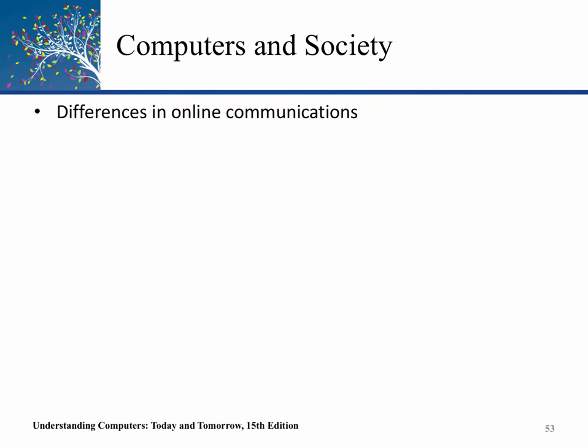Lastly, let's talk a little bit about the differences in online communications versus traditional communications. You may have noticed that it's less formal talking via text or in an email versus being in front of somebody face-to-face or even on the telephone. You'll notice that there's a completely different etiquette or set of rules.